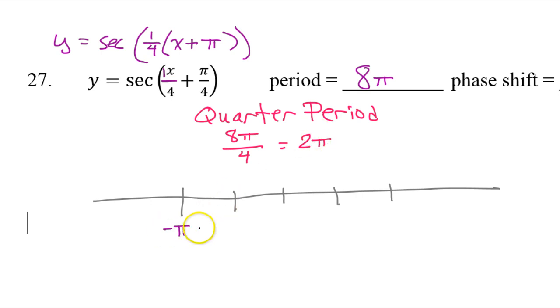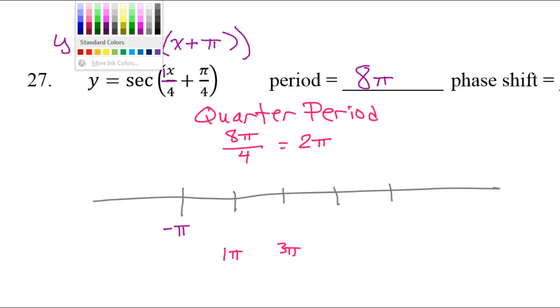So that's going to make this really simple, because I'm going to start at negative pi, and I'm going to add a 1/4 period. So I'm going to add 2 pi. Negative 1 plus 2 is 1. So I'm going to have 1 pi. If I add 2 more, I'm going to have 3 pi. Alright, I was putting these down here so I could reduce, but I can now see that there will be no reducing.